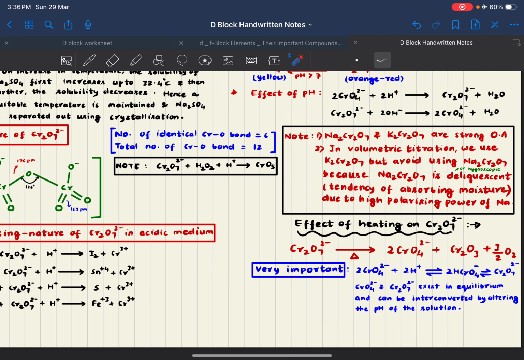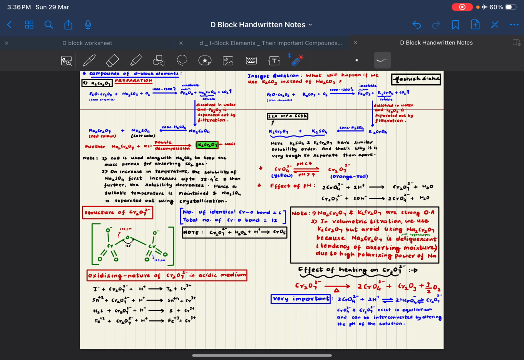Okay guys, this is all about the preparations, basic properties and chemical properties of the dichromate ion. In the next session we will talk about potassium manganate and potassium permanganate. That's all for this session. Thank you very much.